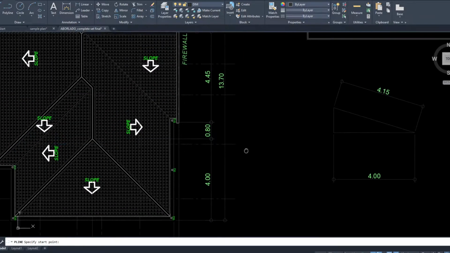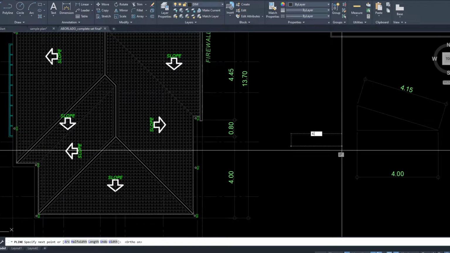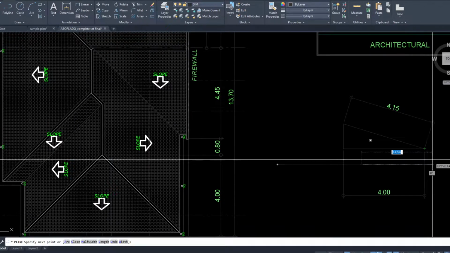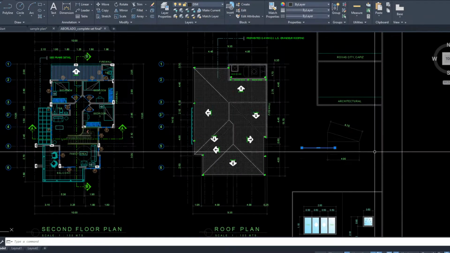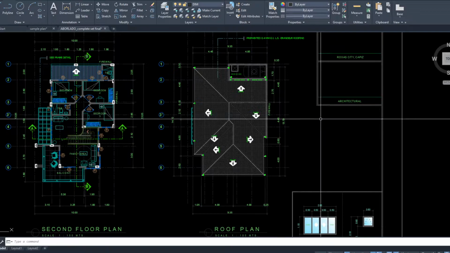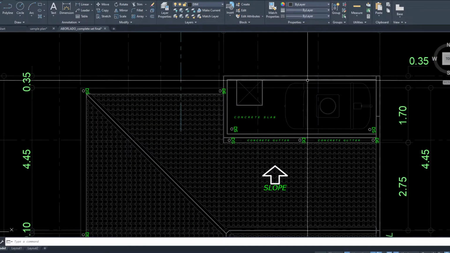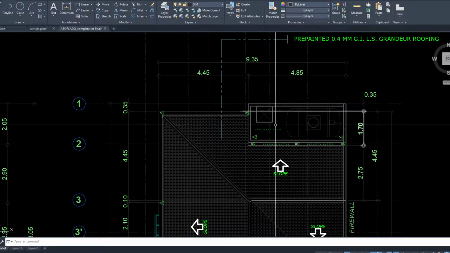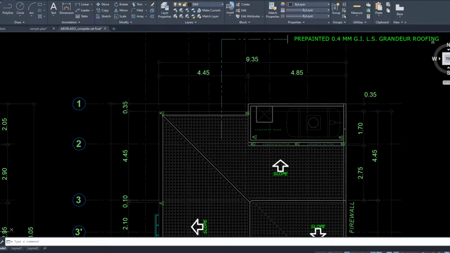So dapat 4.15 man ang imong roofing. Kaya diri mo na i-haklap ang imong roofing sheets. So dapat amo na siya ang iyang dimension. Okay. And then dapat nakabutang man kung ano ang ginabutang mo sa imong roofing like water tanks.